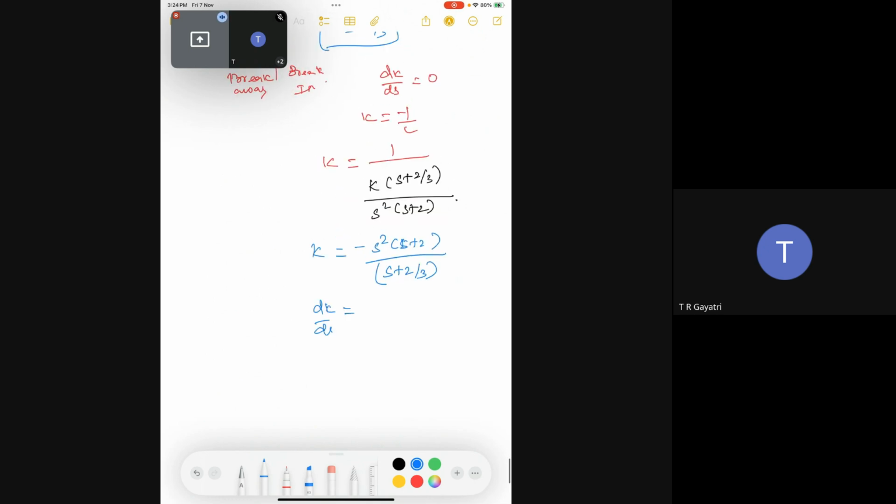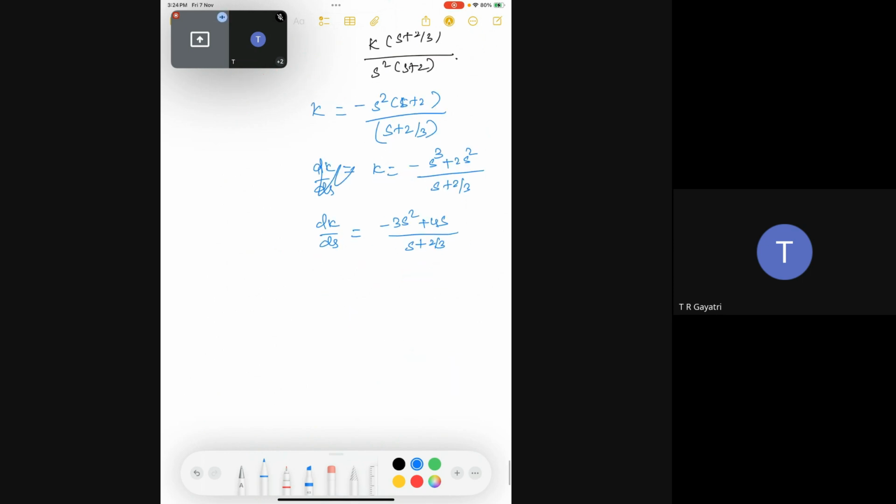Before dk by ds, k equal to minus of s cube plus 2s square divided by s plus 2/3. dk by ds will give me minus of 3s square plus 4s divided by s plus 2/3, and that is 0.